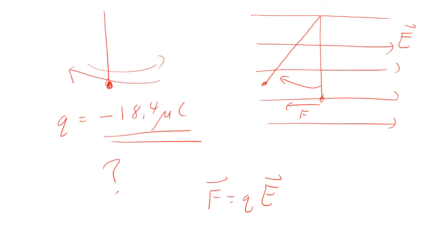That's a very important point here. When you're doing homework problems, that's something to keep track of: negative charges have a force into the electric field, not in the direction the electric field is going. They have a force that's opposite.